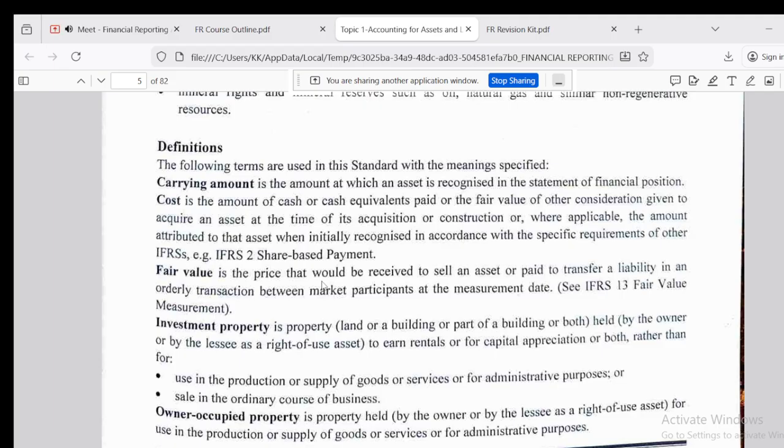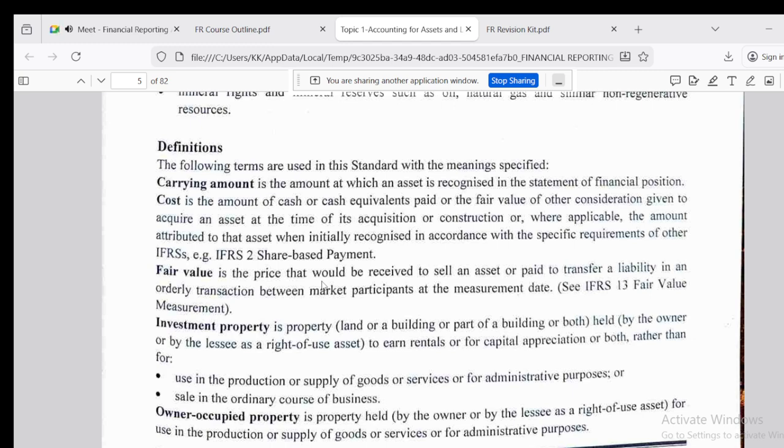Like now, if you use it maybe as a shop, that is not how it should be used according to IAS 40.